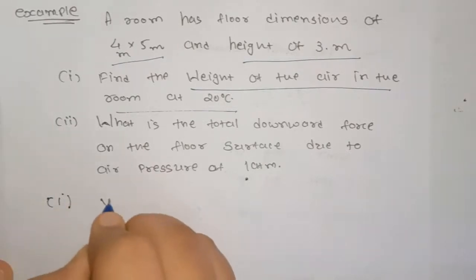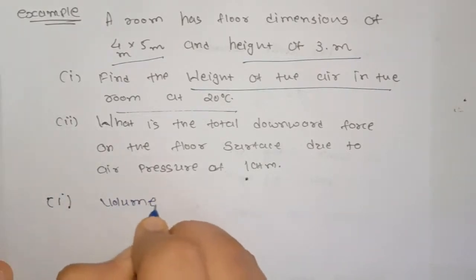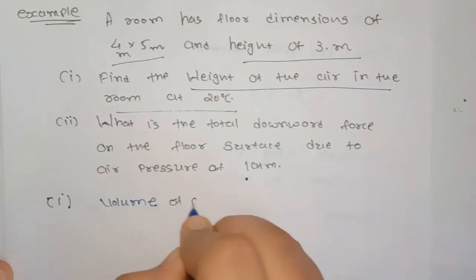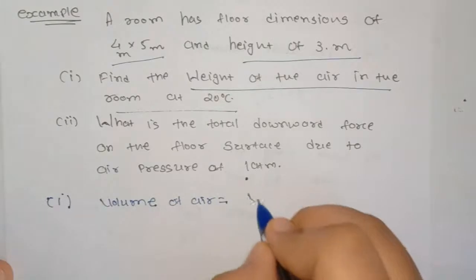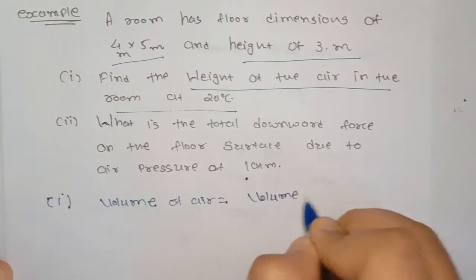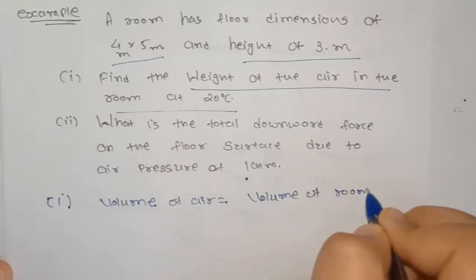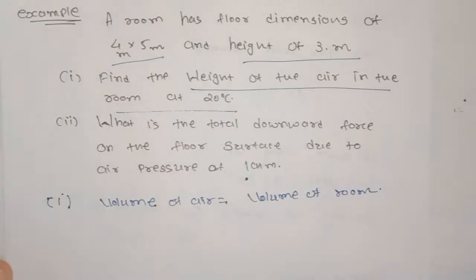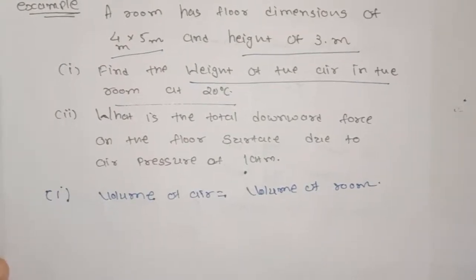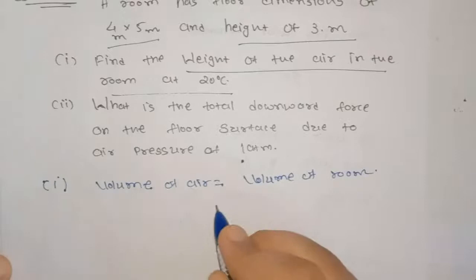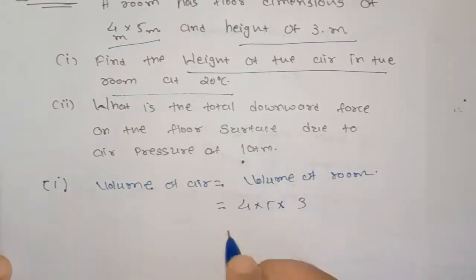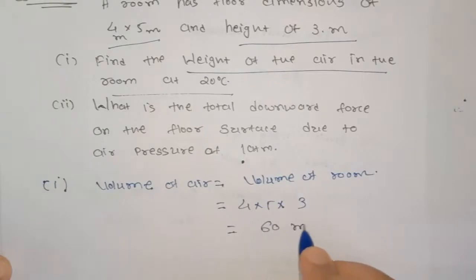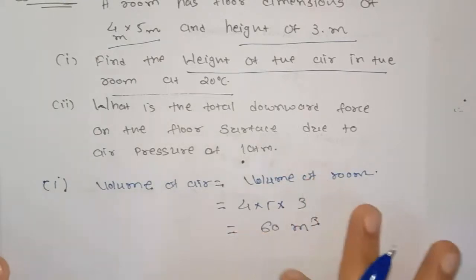The volume of air in the room will be equal to the volume of room, because we have just seen the property of fluid, they take the size of a container. So that will be 4 into 5 into 3. So volume will be 60 meter cube.